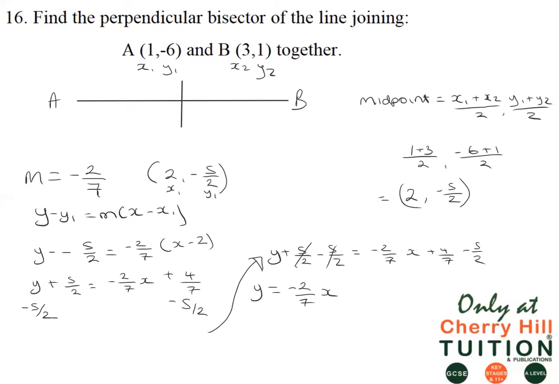And then we have 4 over 7 minus 5 over 2, which gives us an answer of minus 27 over 14. And that's our answer. So again, this might seem a little bit tricky at first, but the more questions you do on this, the easier it will get. So pause this video now and have a go at this on your own to check if you get the right answer.